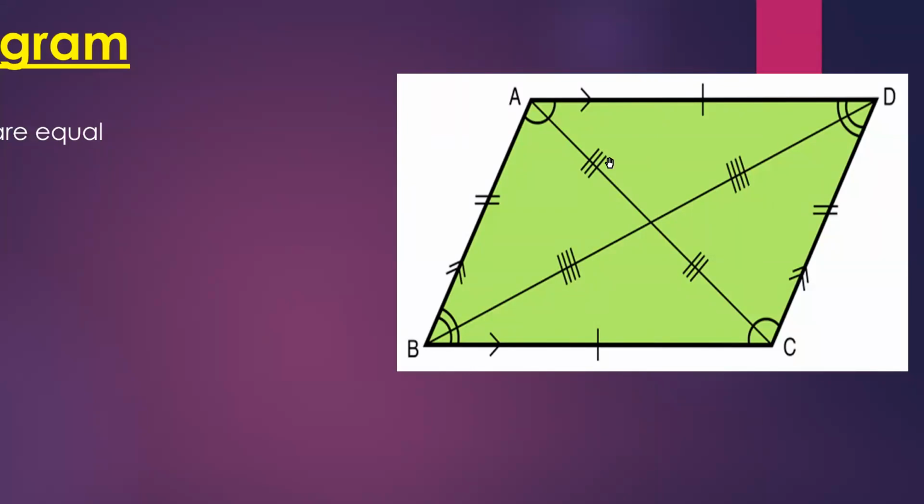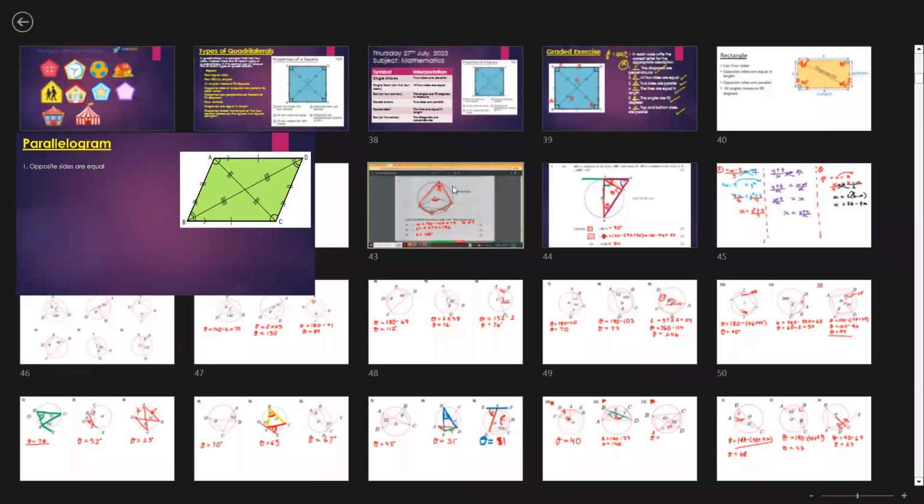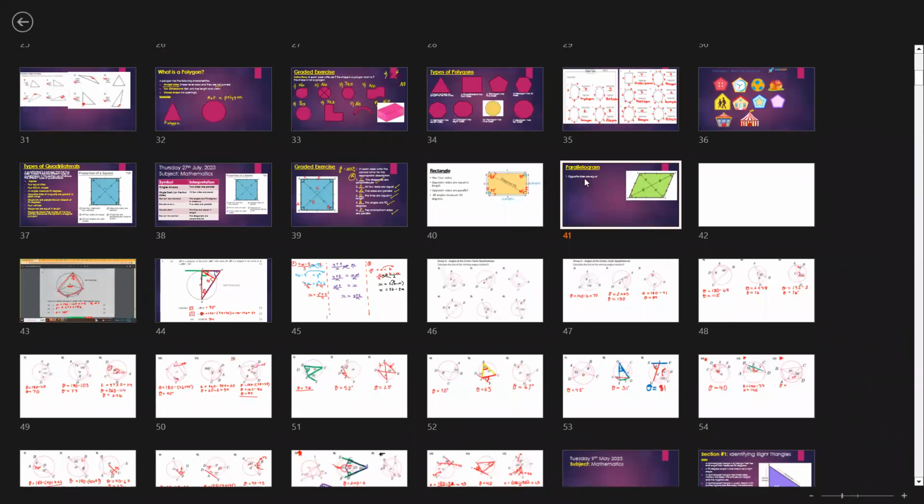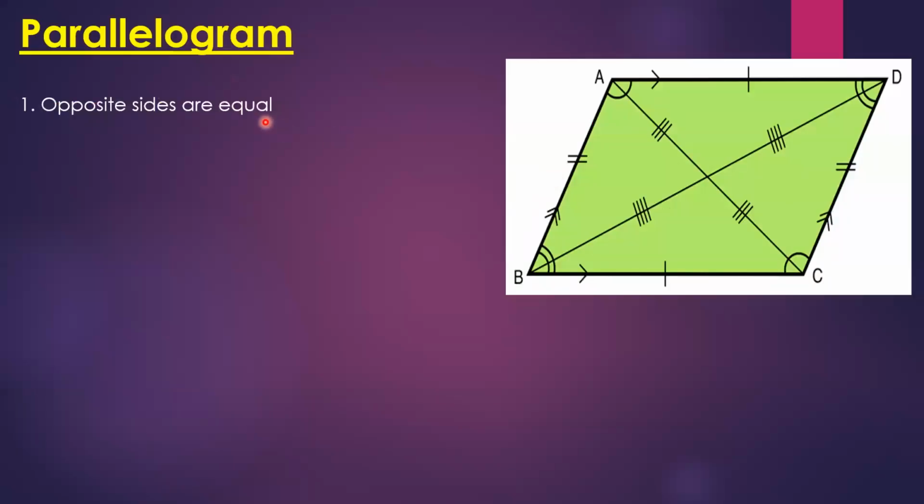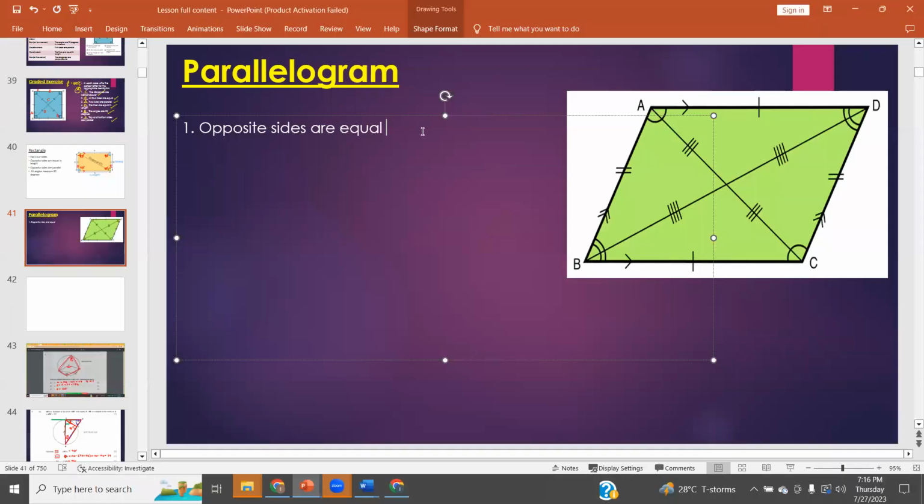You understand? So that is a parallelogram. For a parallelogram, number 1, opposite sides are equal. Number 2, opposite sides are what? Parallel.